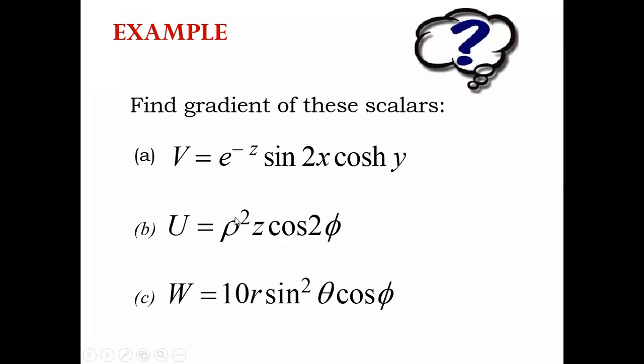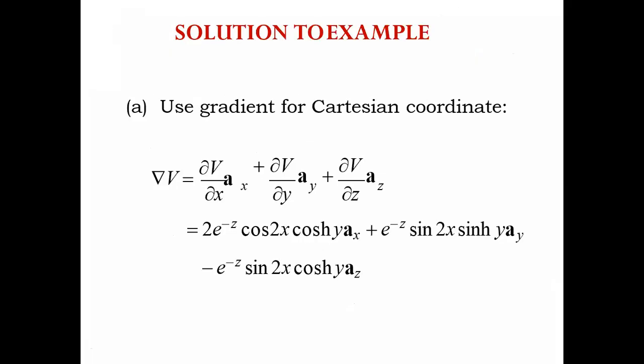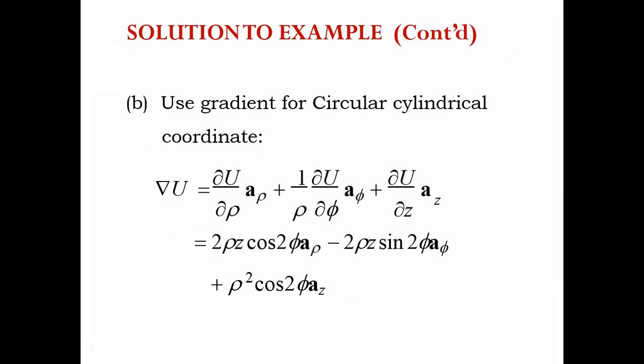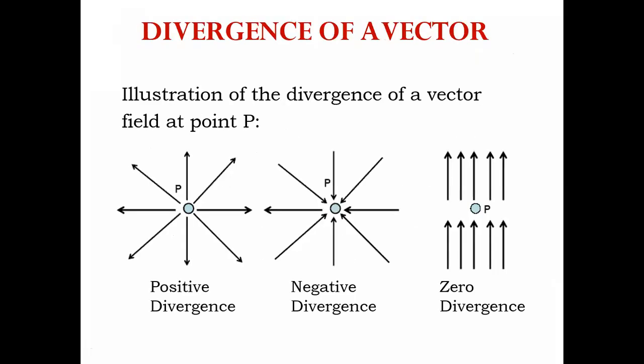Here it is in terms of the cylindrical coordinate system, you can see rho and phi, and here it is r, theta, and phi, so of course it is the spherical coordinate system. Would you try it on your own? Yes, I will try it. The solution is given here, but it would be better if you try it on your own.